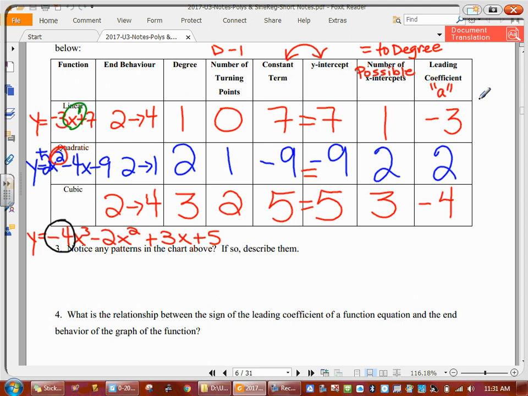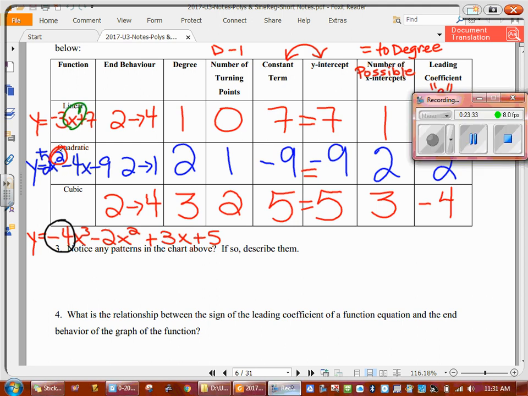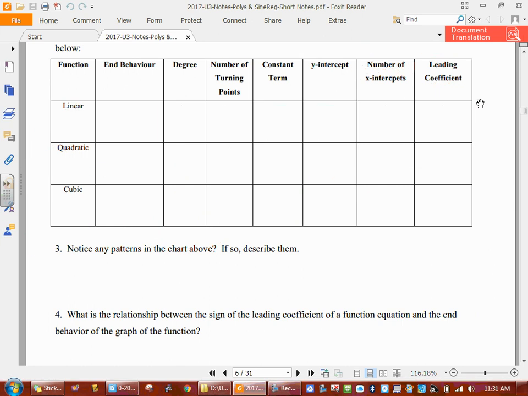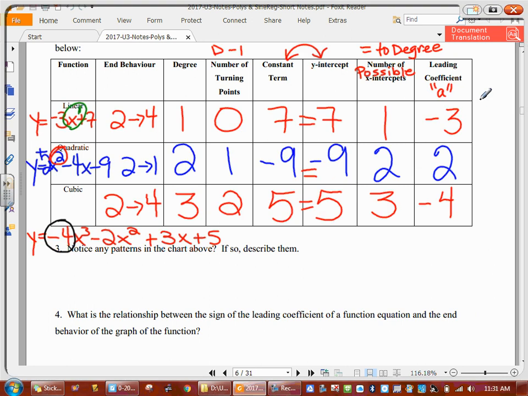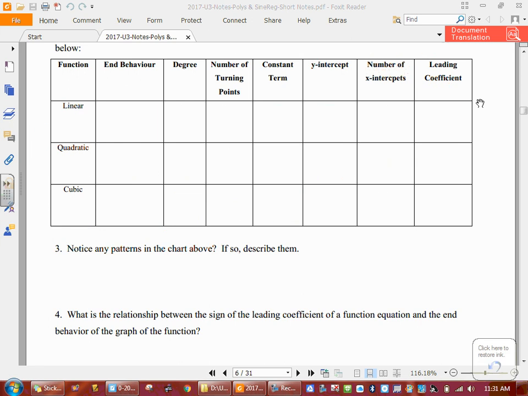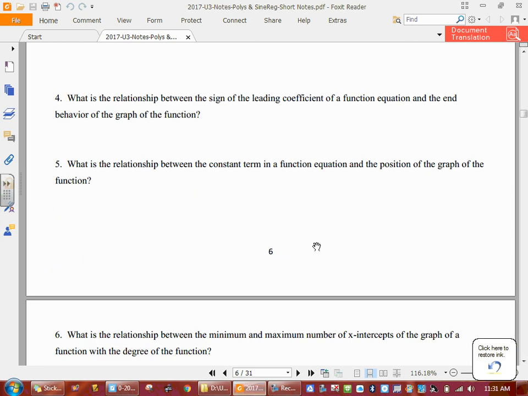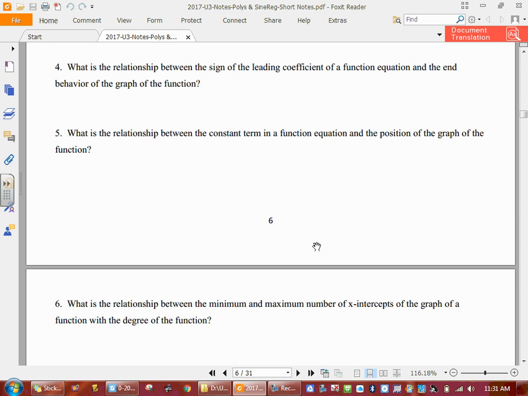Okay, let's move on to the next section. We have a few questions to answer. The first one says, what is the relationship between the sign of your leading coefficient and the end behavior?